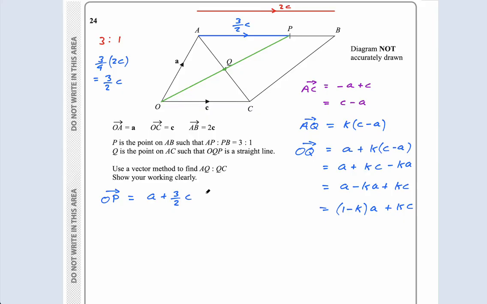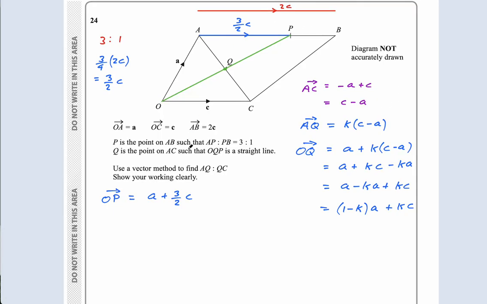This is what makes this a really, really hard question. It says here, Q is the point such that OPQ is a straight line. Sometimes you have to prove that it is a straight line, and the way you prove it's a straight line is by showing that one vector is a multiple of the other vector.